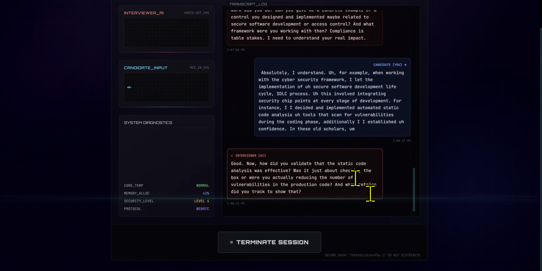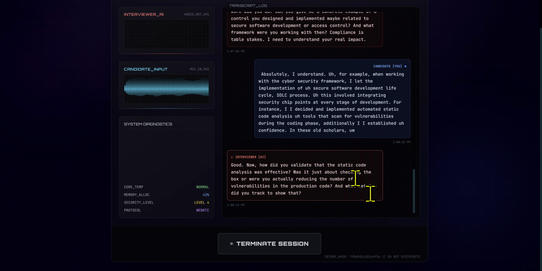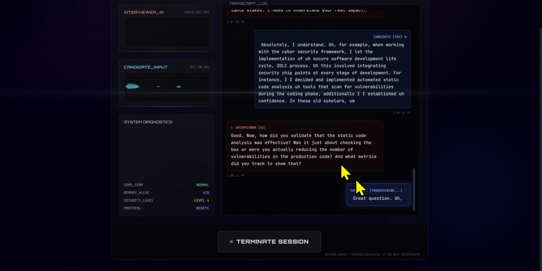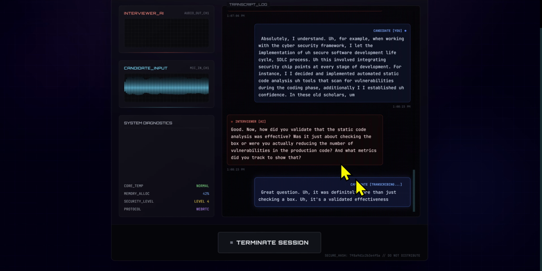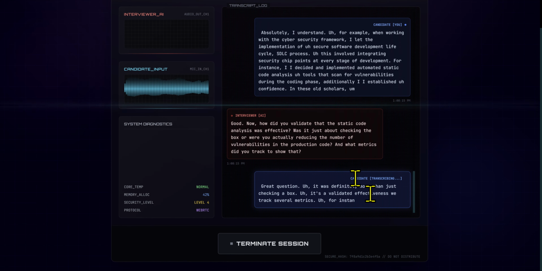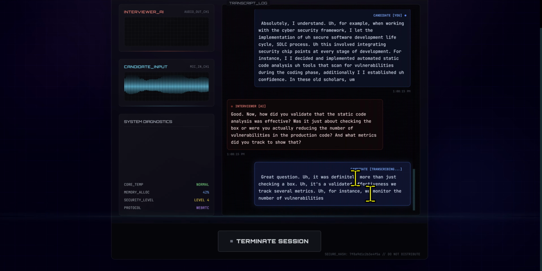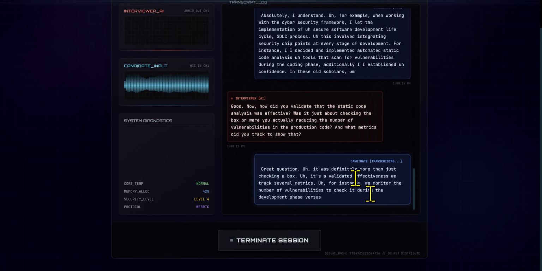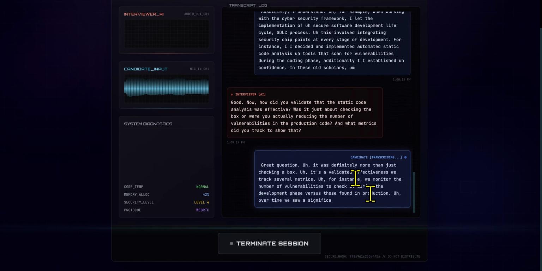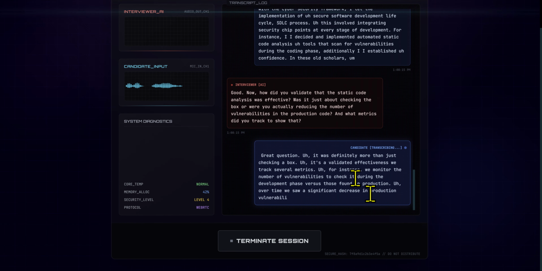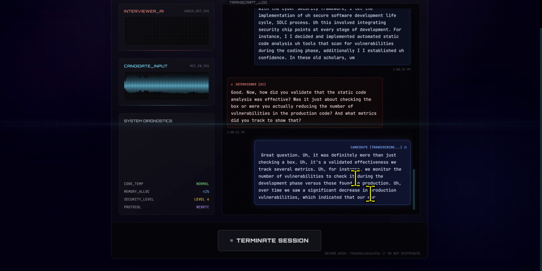Great question. It was definitely more than just checking a box. To validate effectiveness, we tracked several metrics. For instance, we monitored the number of vulnerabilities detected during the development phase versus those found in production. Over time, we saw a significant decrease in production vulnerabilities, which indicated that our early detection and remediation were effective.